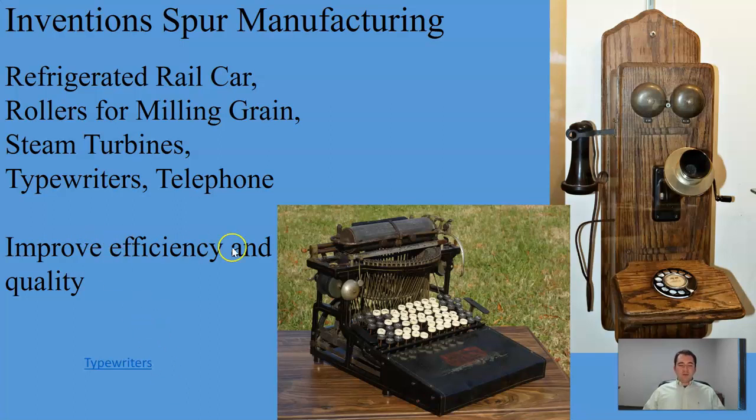But really, one way that you can look at it is efficiency and quality. The things that they're trying to accomplish have been unthinkable previously. Instantaneous communication with a telephone up to your ear. Being able to talk to somebody from a distance is just amazing. Or the use of the typewriter. All these things are part of this era.